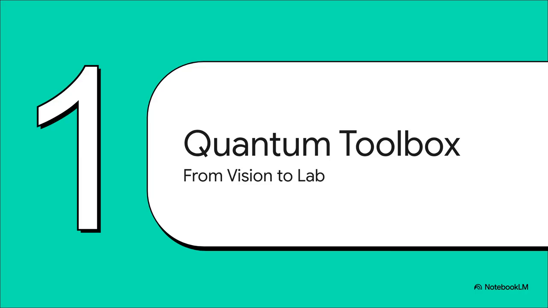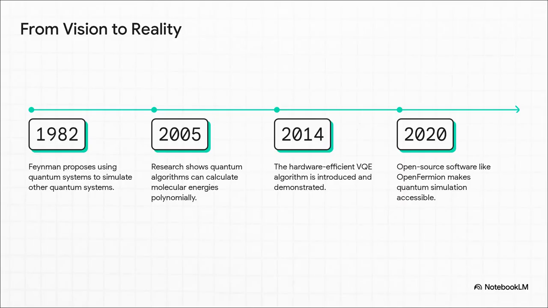Now, an idea this big didn't just appear out of thin air. Let's take a quick look at how this vision grew into a real, practical field of research. The journey from just a theory to something that actually works has been decades in the making. It all started way back in 1982 with the legendary physicist Richard Feynman. Fast forward to 2005, and researchers proved that quantum computers could, in principle, calculate molecular energies with that all-important polynomial scaling.